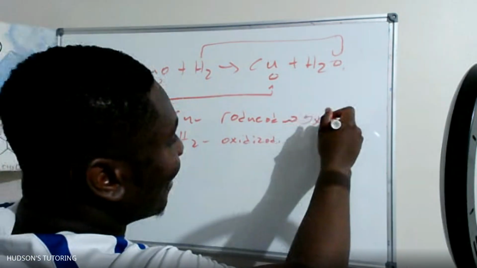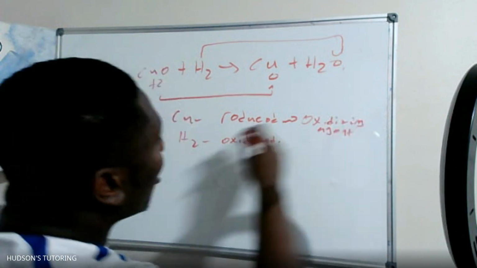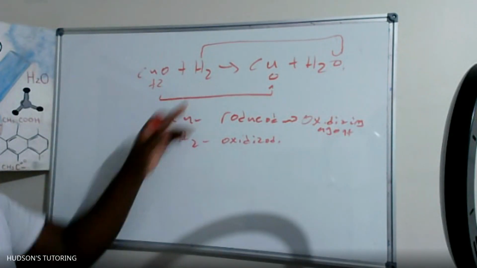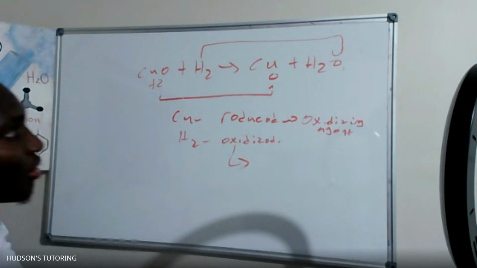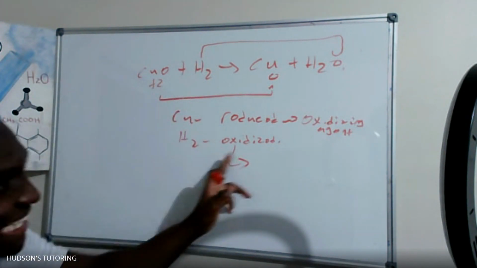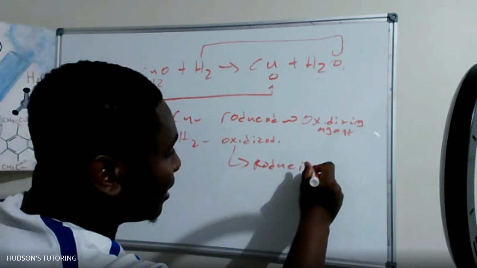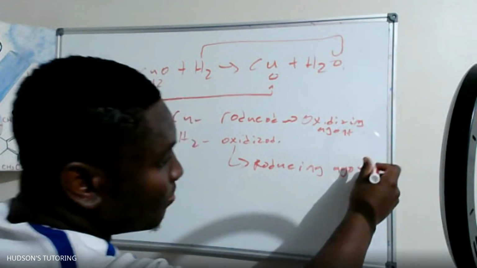So we call it an agent of oxidization because it causes oxidization in hydrogen, whilst the hydrogen here causes reduction with the copper because itself is oxidized. Are we following? Isn't chemistry beautiful?